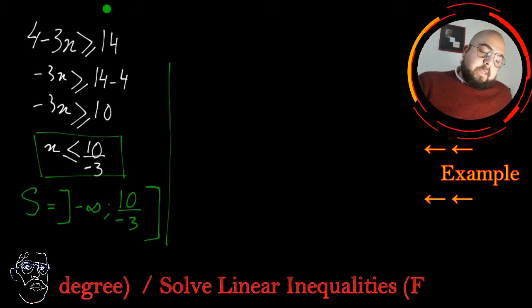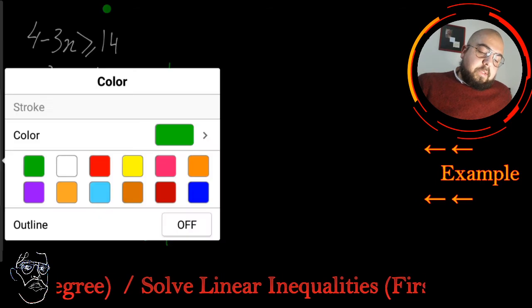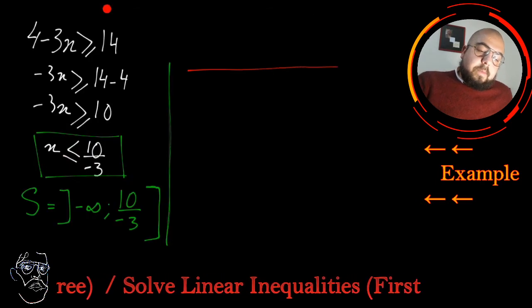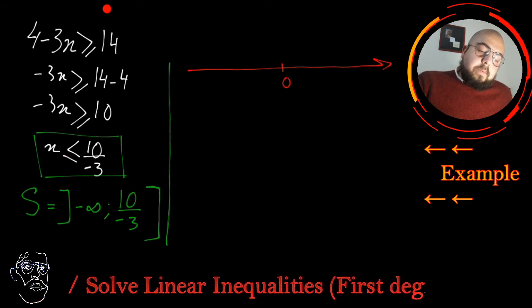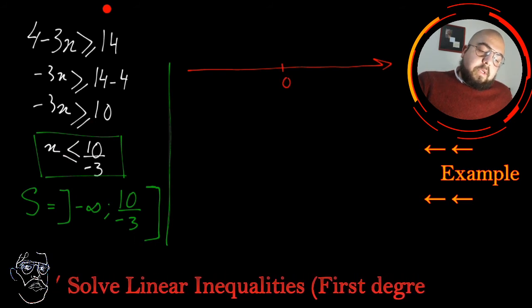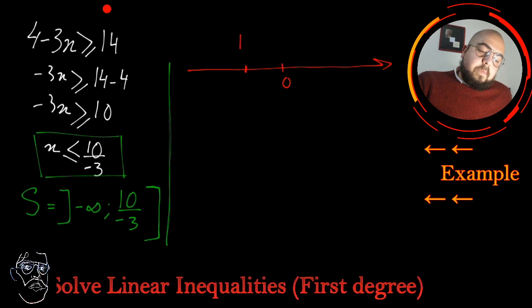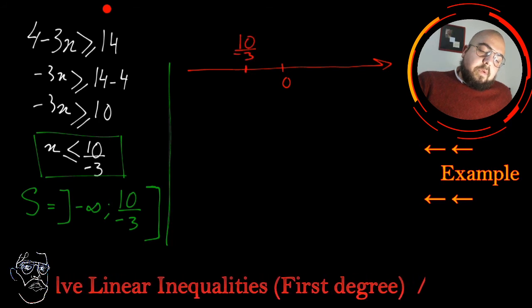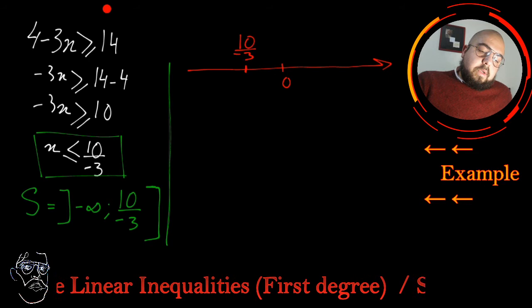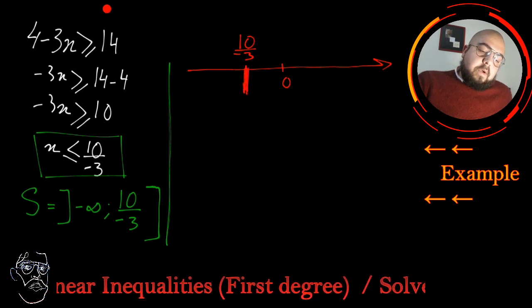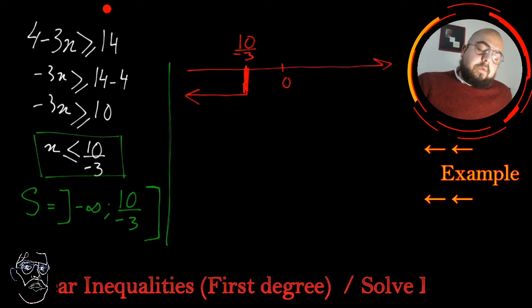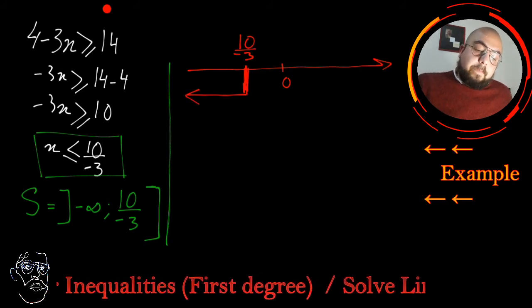How do I represent it on the axis of abscissa? You simply say this is 0, negative 10 over 3, so you have to make it a full line and then go towards minus infinity.